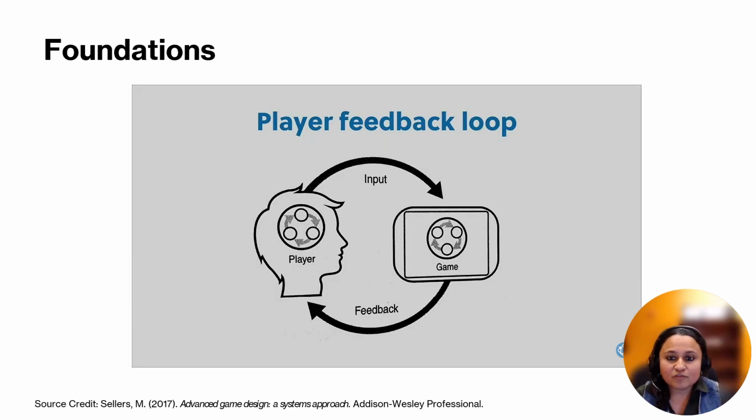So to start off, I'm really inspired by Professor Mike Sellers' work of applying a systems approach into game design. He talks about the core player feedback loop here, which forms the fundamental interaction between the player and the game system.